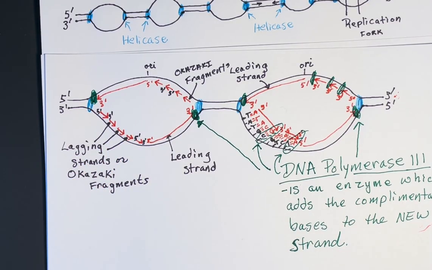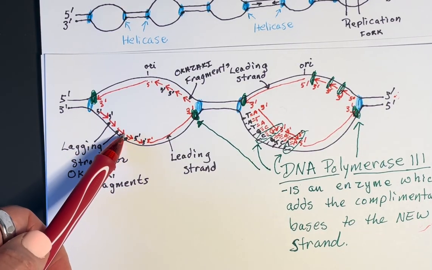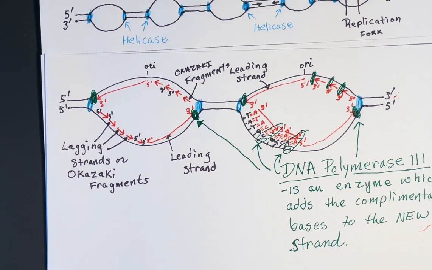Those are just pieces of DNA. The sugar phosphate backbone is not attached. So we're going to do a 3rd enzyme, and I have pink. This 3rd enzyme is known as ligase. Now note DNA polymerase ends in ase, helicase, ase, and ligase.